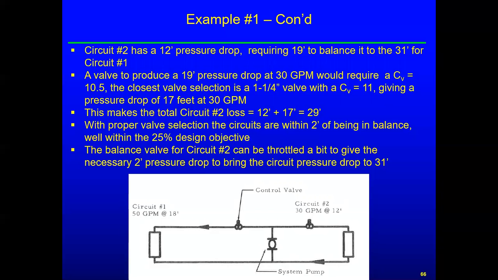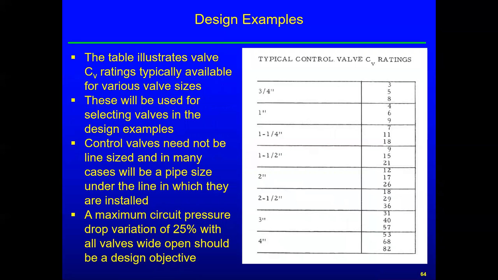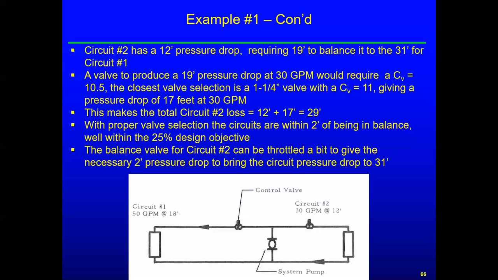If we selected a smaller CV, we would up the pressure drop in the system. So we want to select 11, which is slightly larger, because we don't have 10.5 as an option. Again, we're looking for something slightly greater than 10.5. Under the 1.25, the middle orifice has an 11, which is pretty close to perfect. And so we're going to have an 11 CV.